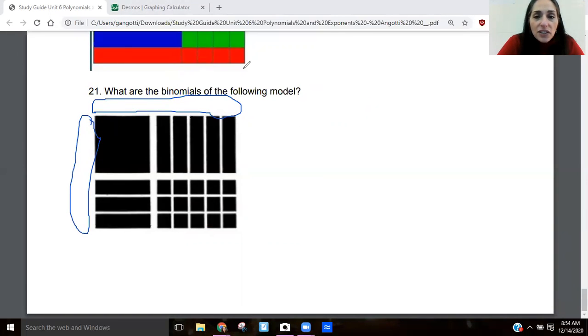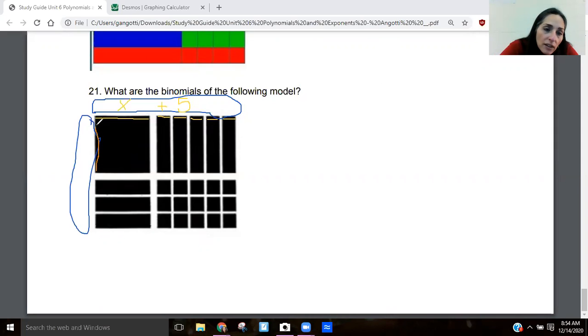I want yellow. So look, you have 1 long side, that's an x. And then you have 1, 2, 3, 4, 5 of the little ones. So that would be plus 5.